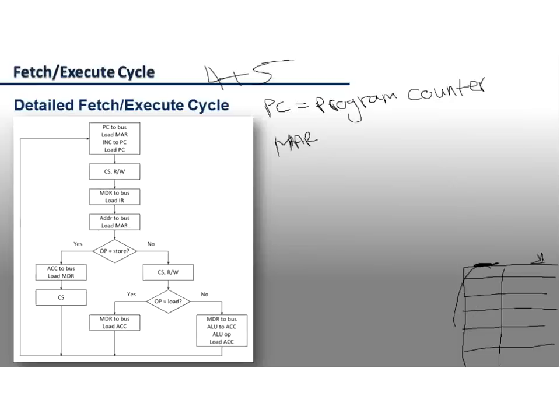Let me explain. The program counter will say, okay, we have an instruction. What is the location for the data that we have? So it will communicate to the MAR through the bus. Now, what is MAR?